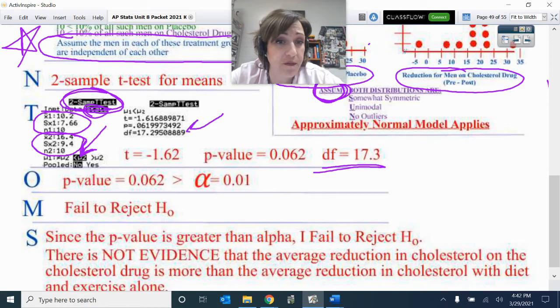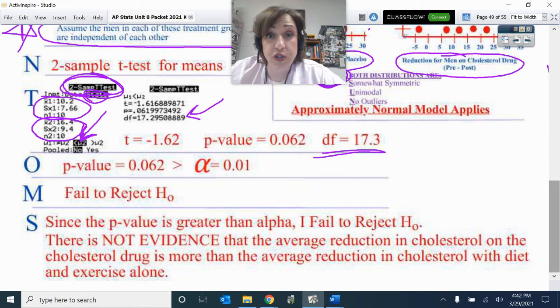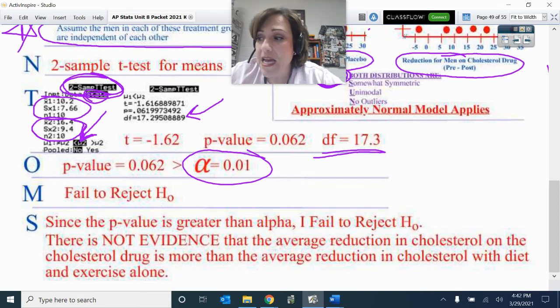They stated the degrees of freedom were 17.3. Because that p-value is greater than alpha, I failed to reject. In medical trials, they typically have a very small alpha, because they don't want to be giving out drugs willy-nilly if they're not going to have strong efficacy. So anyway, we failed to reject.